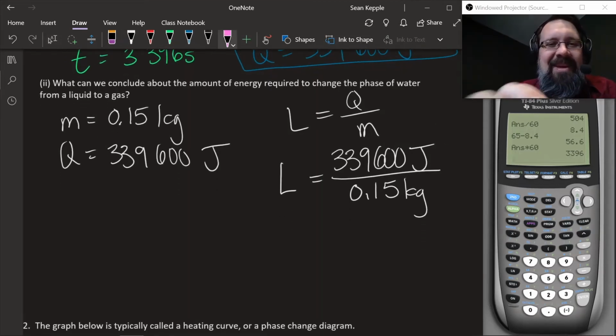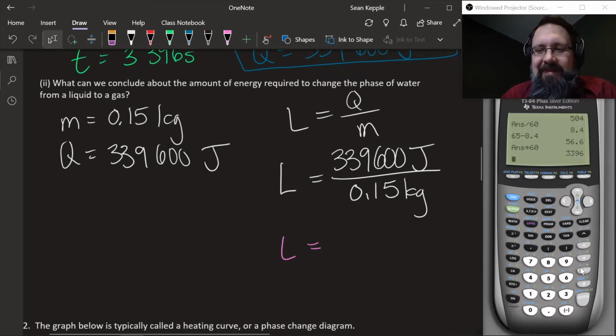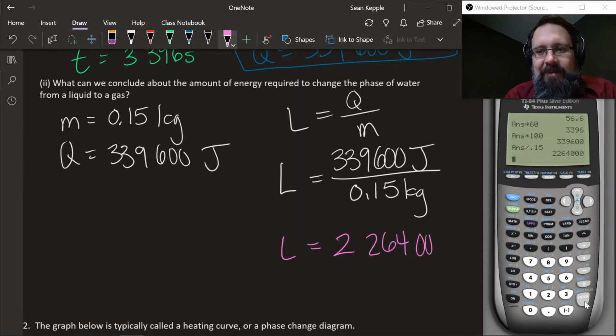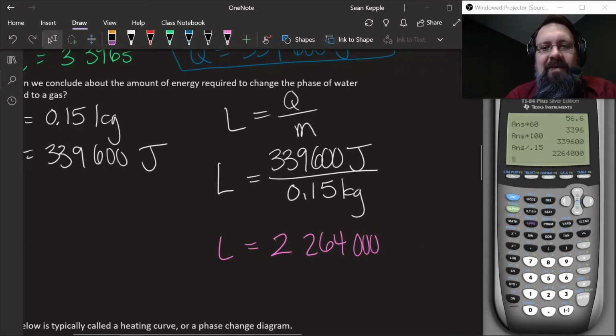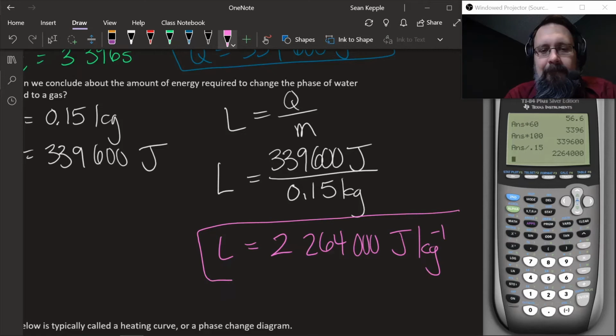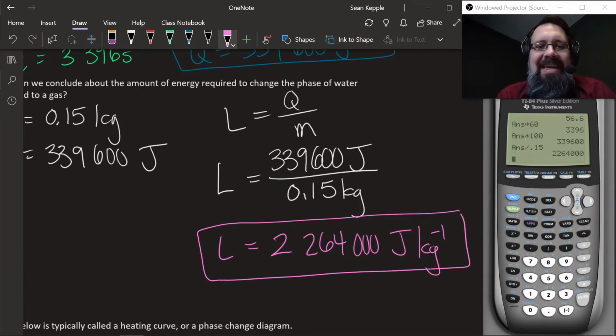Now I'm going to get what L is. This is for water. I'm going to divide 339,600 by 0.15, and I get 2,264,000. The units of this are joules per kilogram. We call this the latent heat.